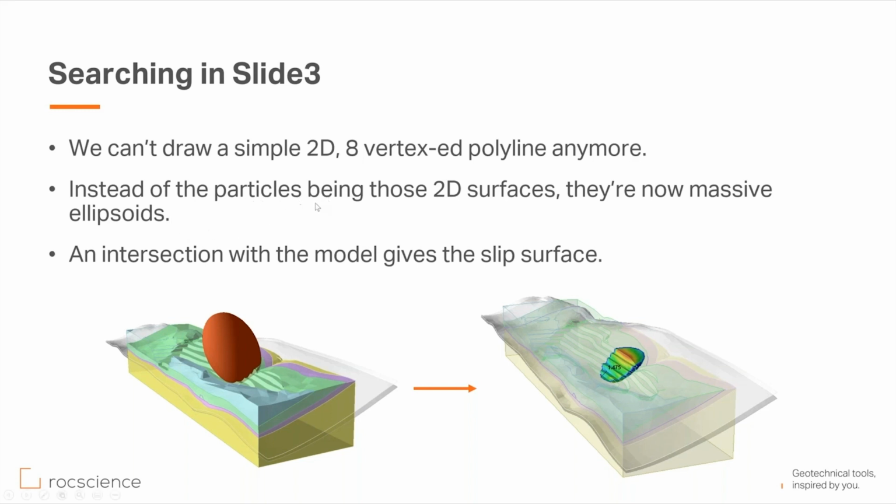The particles are now defined using ellipsoids, and we transform these ellipsoids to search for the minimum surface. When these ellipsoids intersect the ground, the intersection creates a slip surface that can be analyzed.